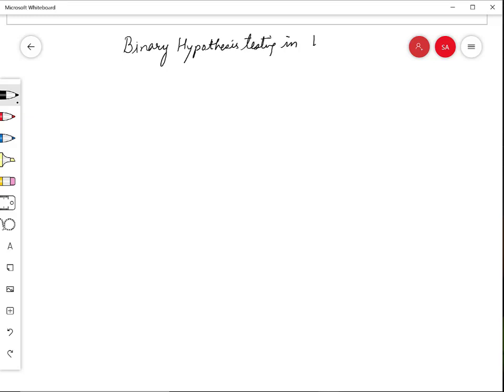It means that hypothesis H0 is just noise Wn, and hypothesis H1 is signal plus noise, n from 0 to capital N minus 1.